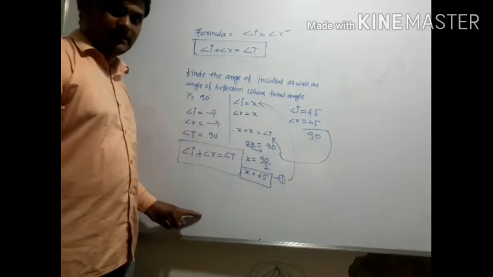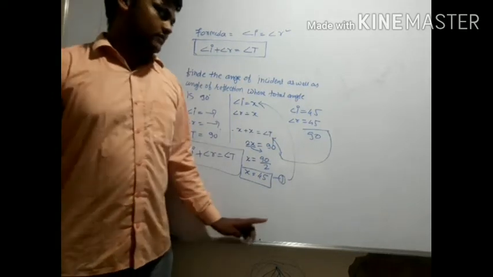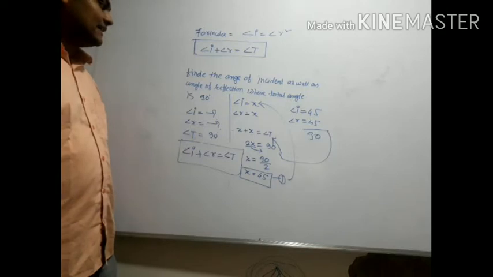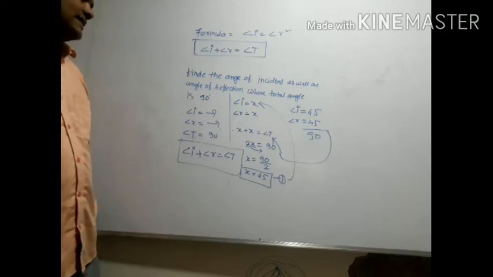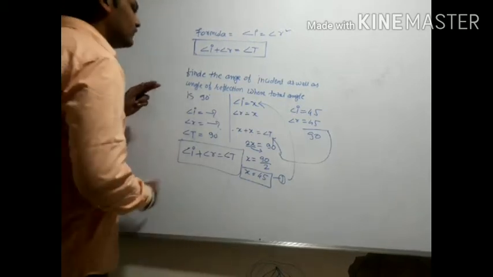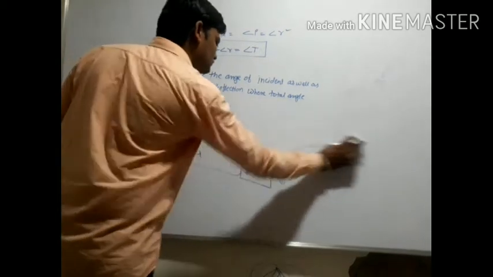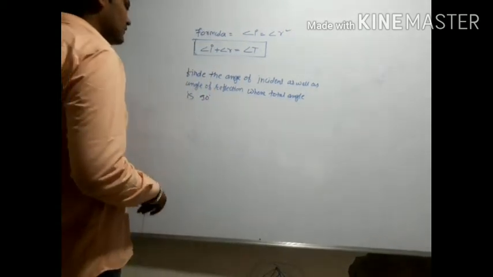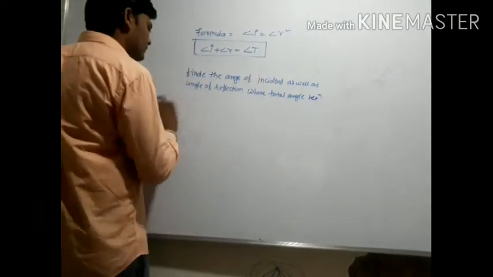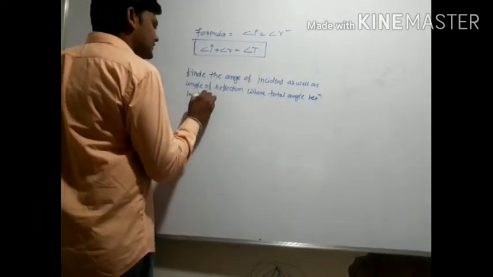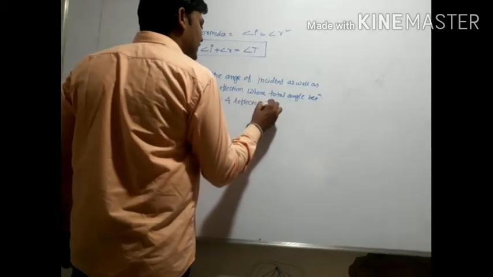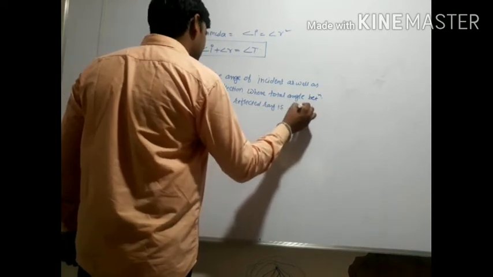Yes. Simple formula is there, and simple numericals are there. So just try to solve one numerical. The numerical is exactly like this: find the angle of incidence as well as the angle of reflection where the total angle between the incident ray and reflected ray is 180.